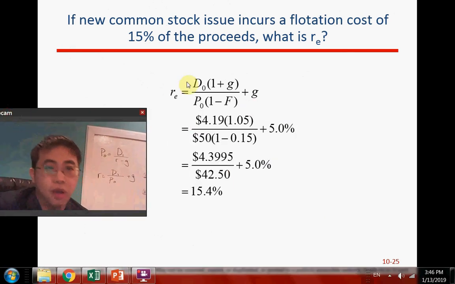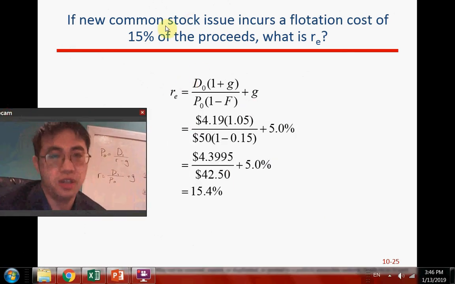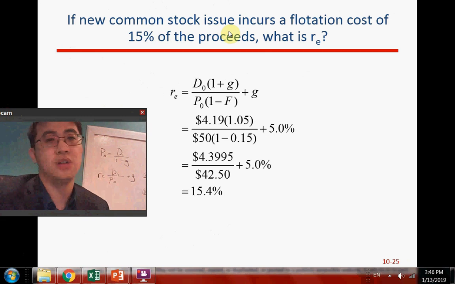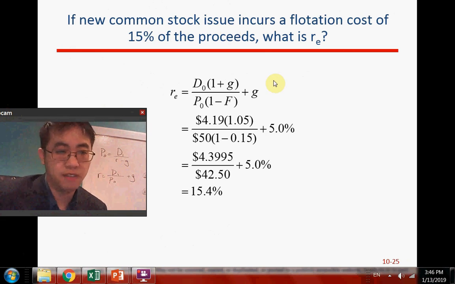If the company charges 15% of a flotation cost, so that basically means for every $100 an investor pays to buy your stock, the company is only getting $85 for capital. Okay, so for every $100 investors pays for a share, the company is only getting $85.